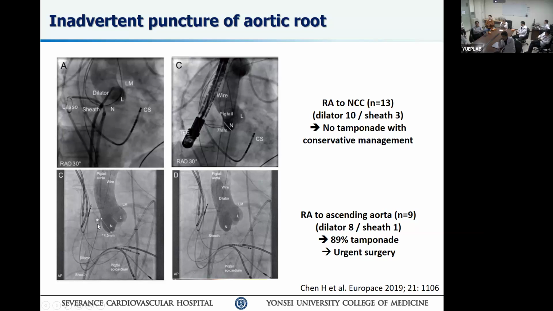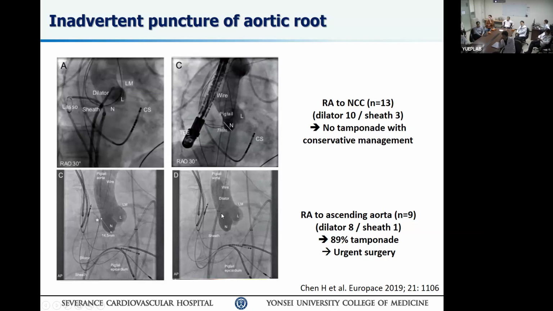And this subsequently and almost immediately led to cardiac tamponade. So all of these, not all, but the majority of these patients went under surgical repair. Before surgical repair, they put the sheath in so that cardiac tamponade does not progress.